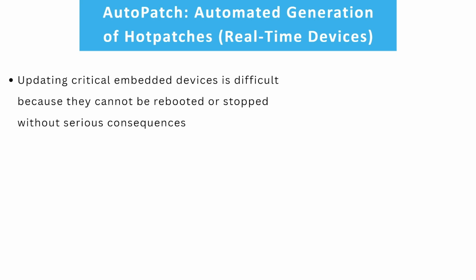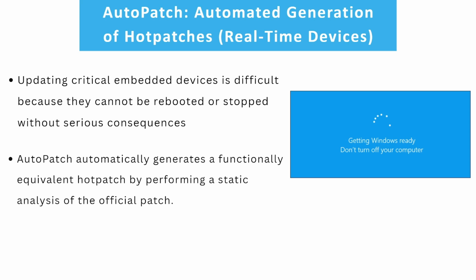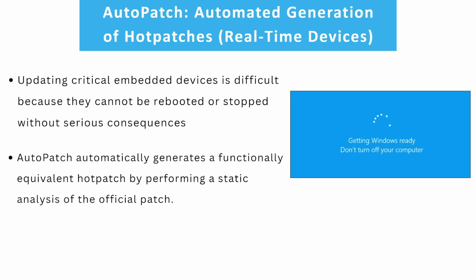But the authors say that it's not very efficient because it requires specialized hardware, specialized virtual machines, and it just adds overhead. So what they propose is called AutoPatch, and this tool automatically takes a patch and generates a hot patch from it. It does it all automatically without requiring any special hardware or any virtual machines.